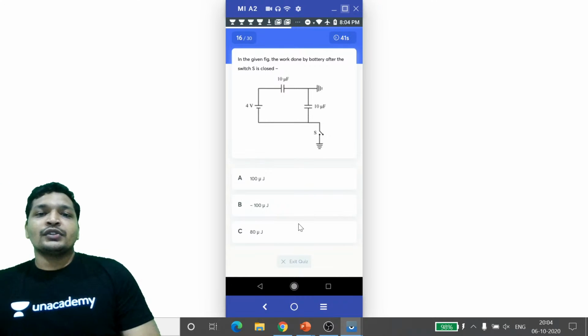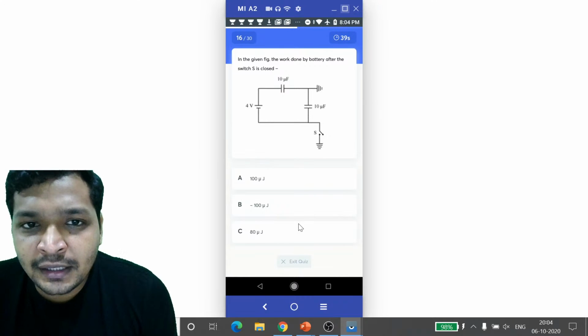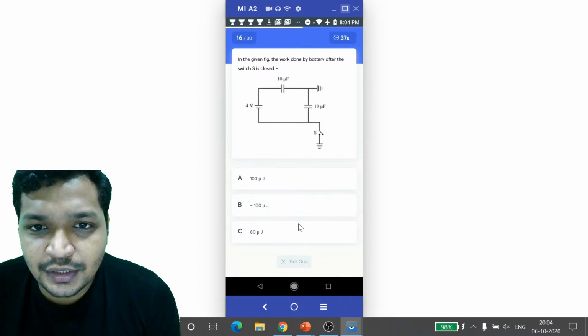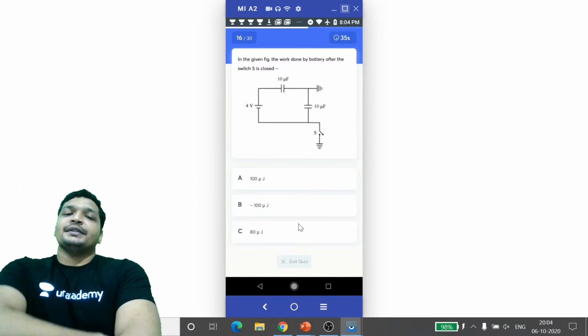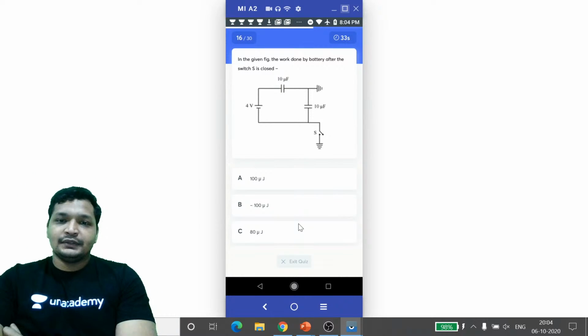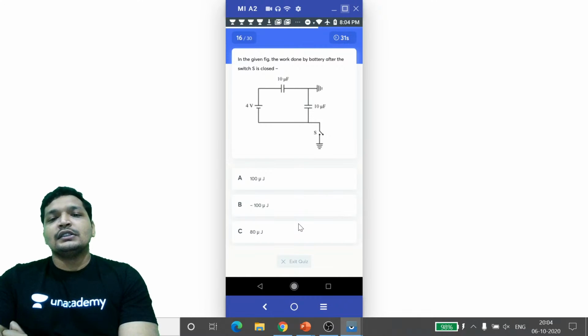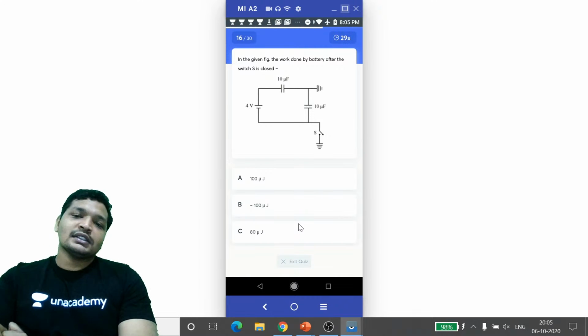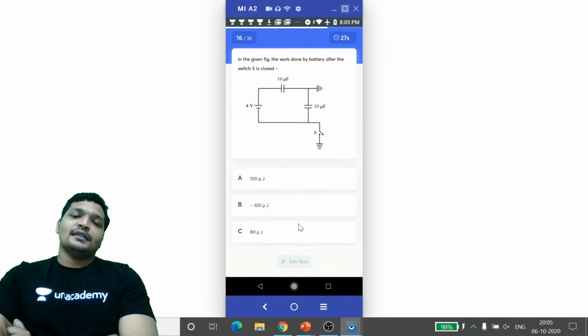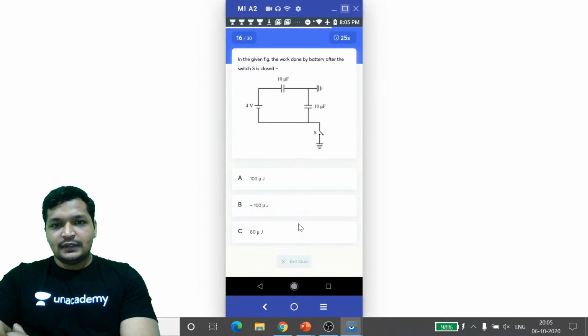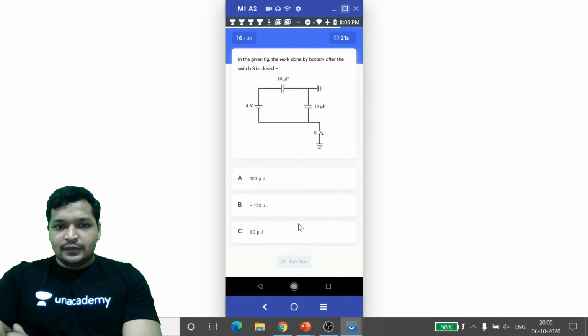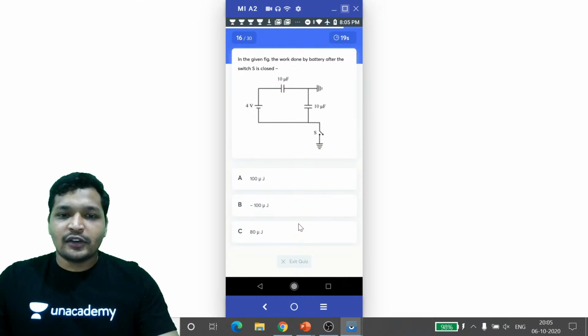Okay. So the given figure, the work done by the battery after the switch S is closed. That's a good question. Earth, what does Earth do? So is it positive work or negative work?